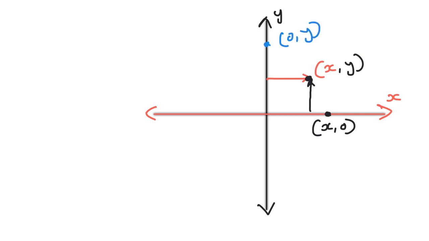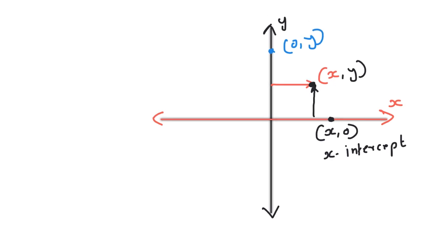This is called the y-intercept. So this is the x-intercept and this is the y-intercept. This is the basics of what we have learned in our lower grades.